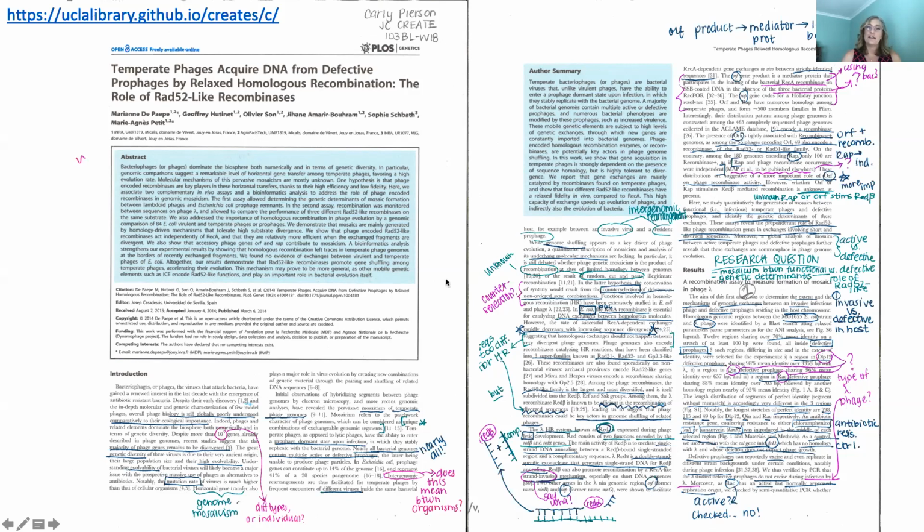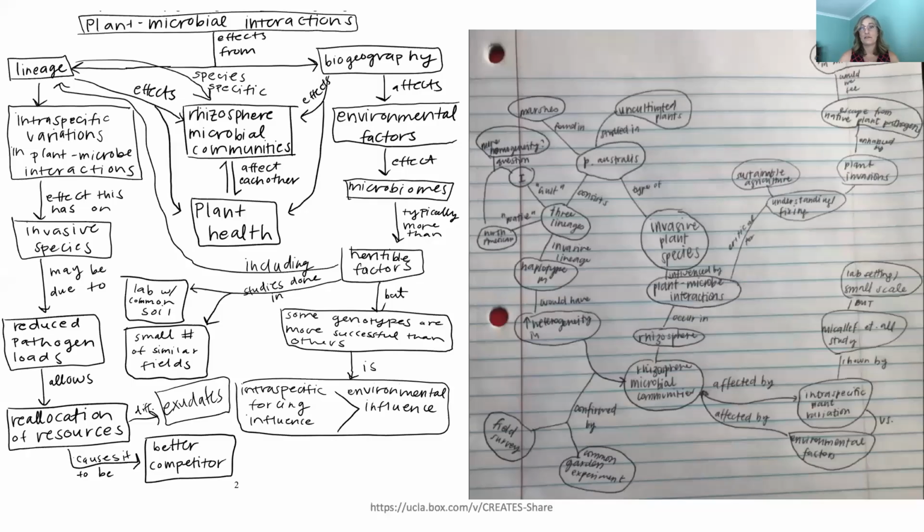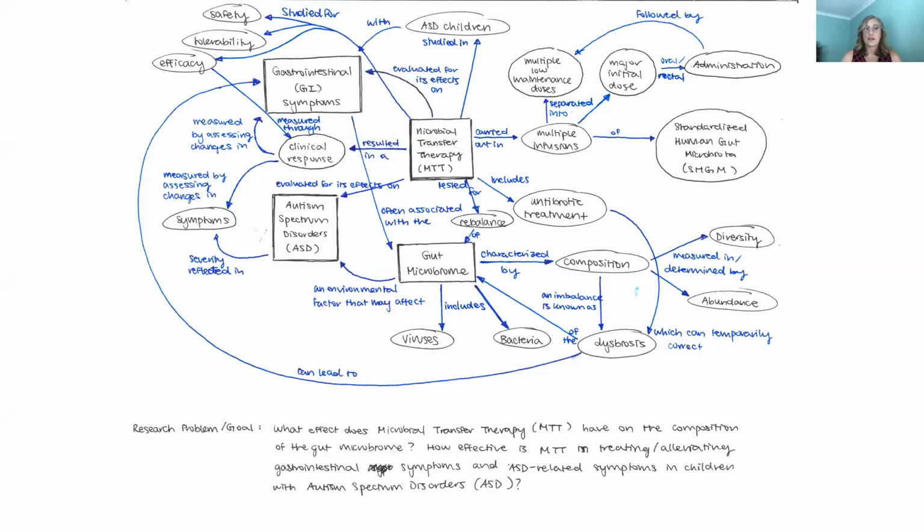All right, and then after that, once they kind of have pulled out all these ideas, then it's time to reconstruct them themselves. So to synthesize all of that into their own concept maps of the introduction. So here are two concept maps from that plant microbe interaction paper. That's our example throughout this presentation. And then just another example from a different article, again from our CREATES website.